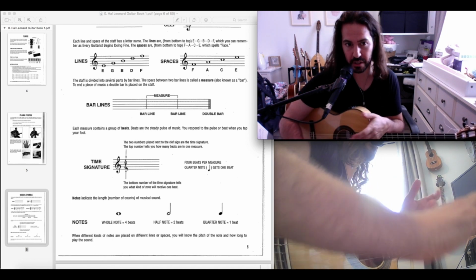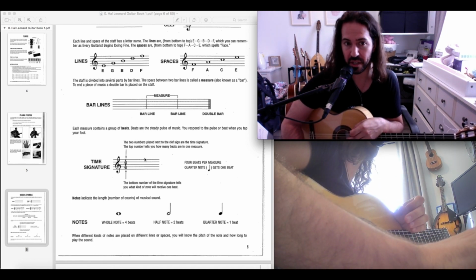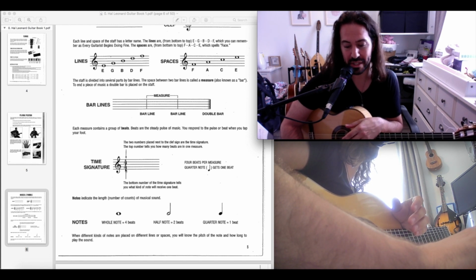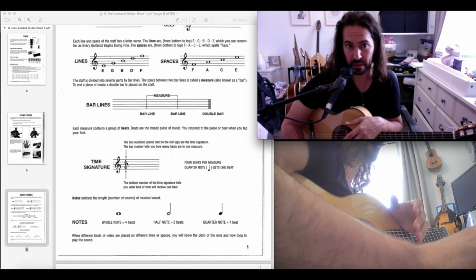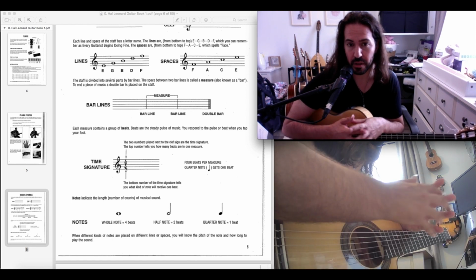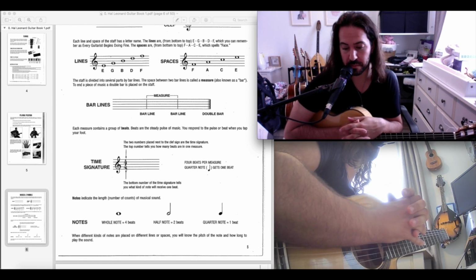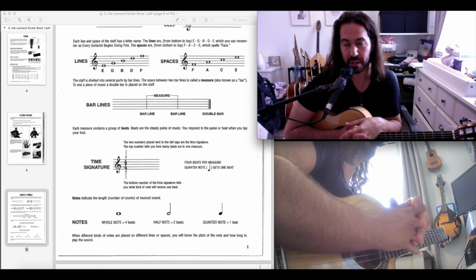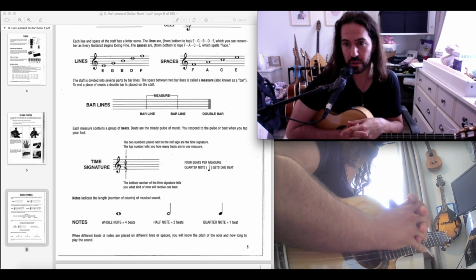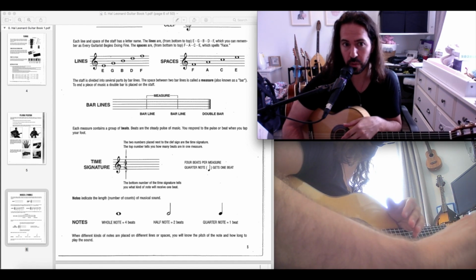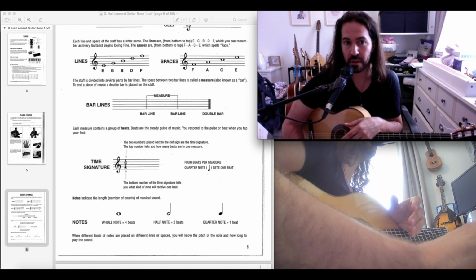And in summary, the number on the top is telling us how many counts we are measuring, and the bottom number is telling us what kind of note we are counting. So we're counting 4 of something. This bottom 4 here represents a quarter note because the bottom number really is any fraction under 1. So 1 under 4 is a quarter, so we're measuring 4 quarters.